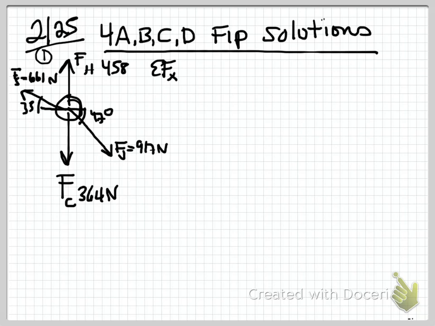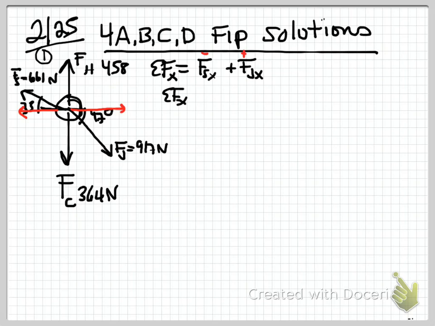The only things that we have on the x-axis are the force of Shannon on the x and the force of Josh on the x. Those are going to be this and that. So we'll make the force of Shannon a negative and the force of Josh a positive, just using standard Cartesian coordinate systems.